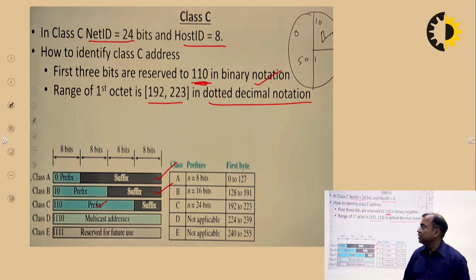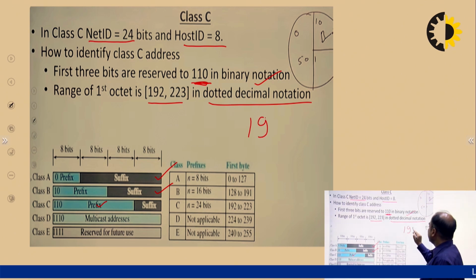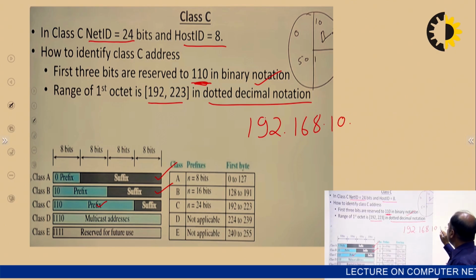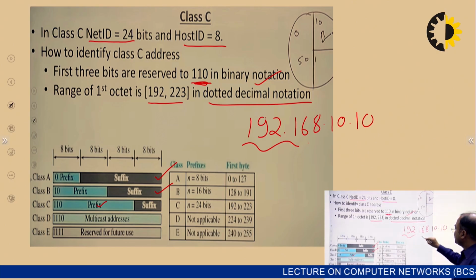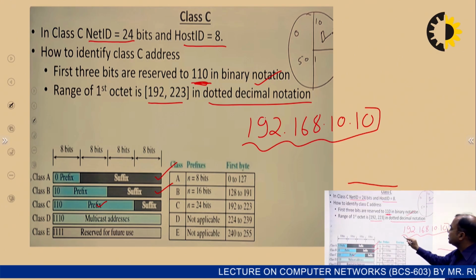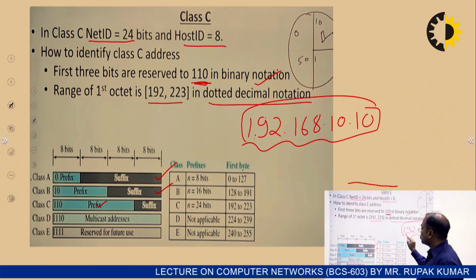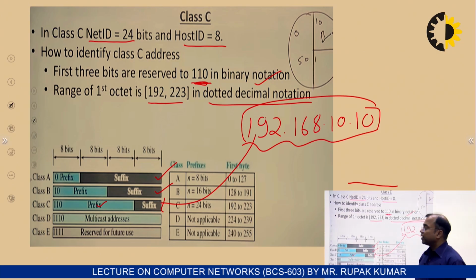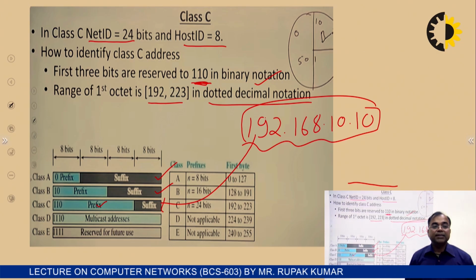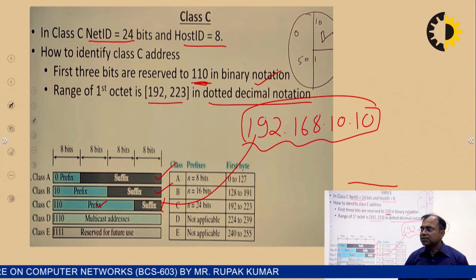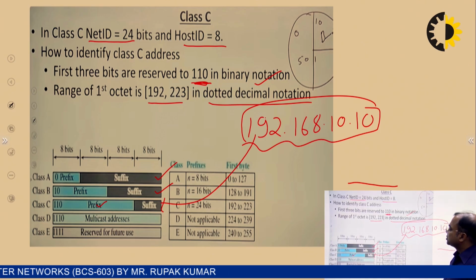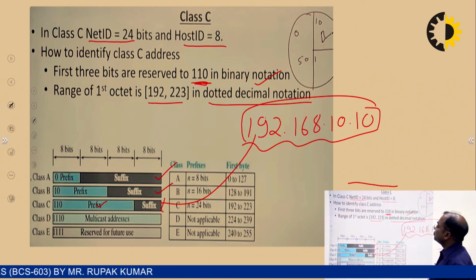We always see our IP address as 192.168.10.10. This range of IP address we always see, because we are concerned with a small company, school, college, and organization. So that's why we provide this range of IP address, which is concerned with not too many hosts per network. This is the class C IP address.